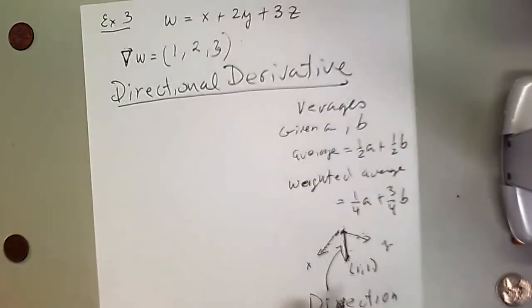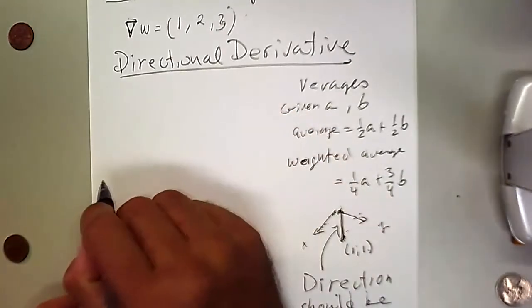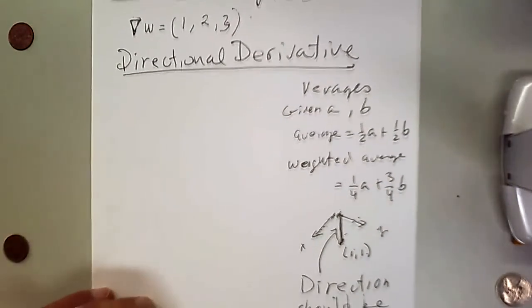So here's the definition of directional derivative at a given point.